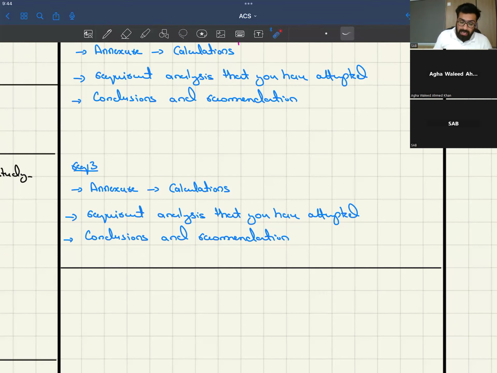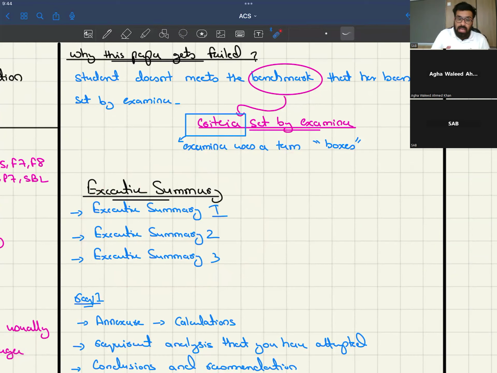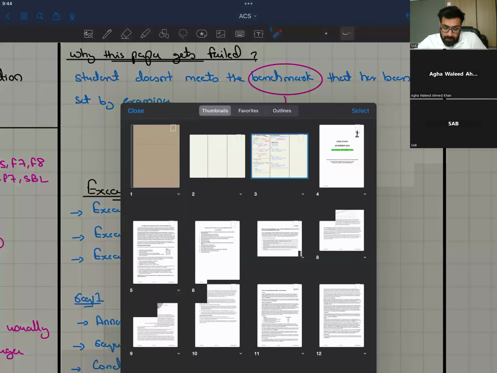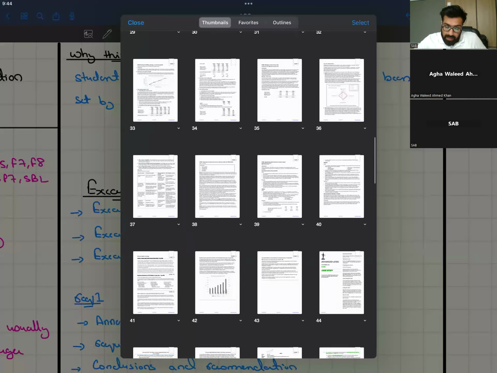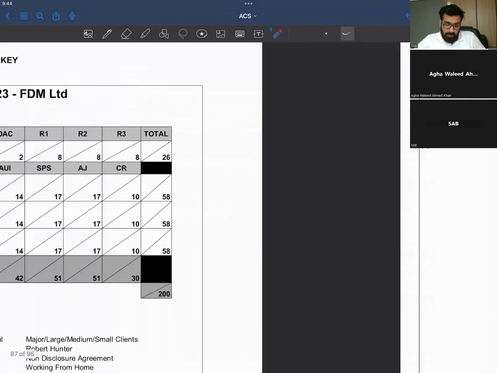Now come to the question again: sir, do we have to make these summaries? Yeah, you have to do that. Now one of the students has asked, sir, is there a marks allocation between the requirements?